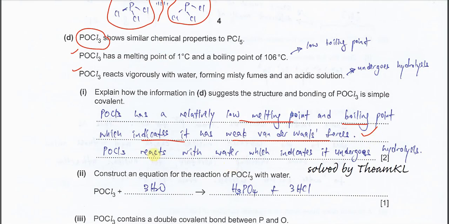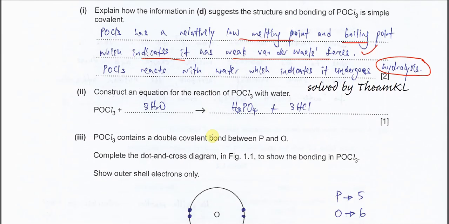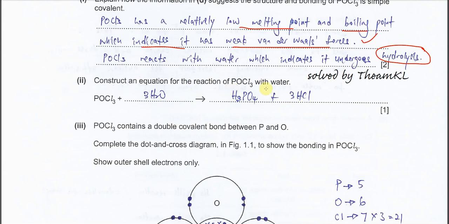And of course, the second statement tells us POCl3 undergoes hydrolysis whenever it reacts with water. So these are the two statements you need to give. Part 2. Construct an equation for the reaction of POCl3 with water.